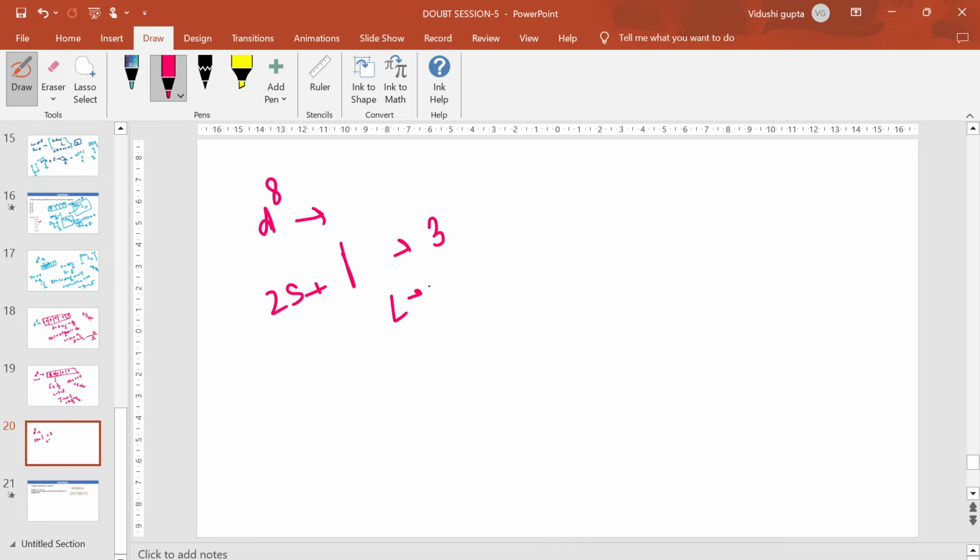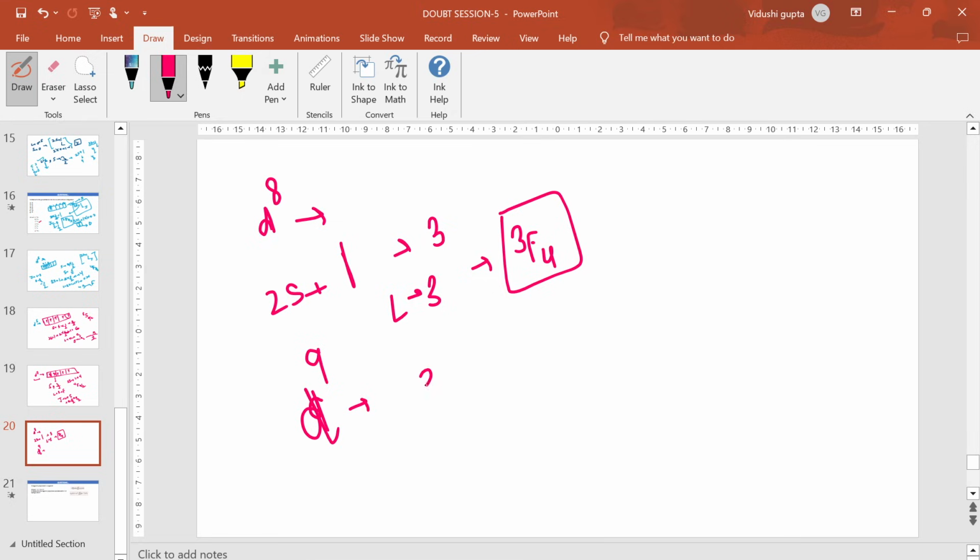After solving, you will know L will also be 3. So J value will be L plus S, and it will be 3F. Similarly, calculate for D9 and D10.